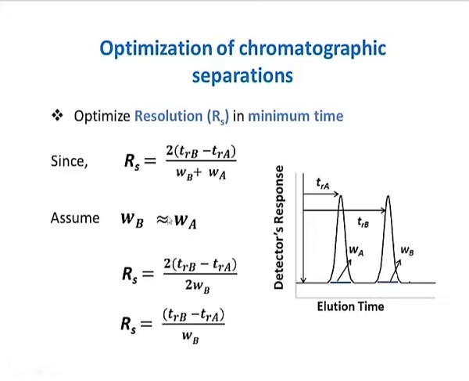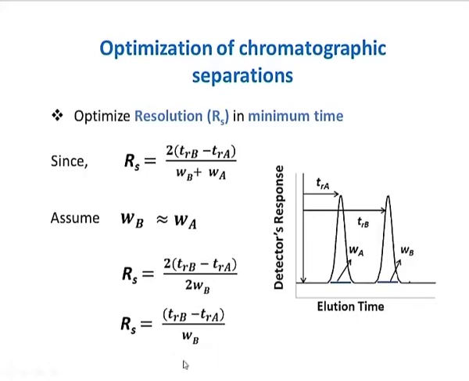Now, if you consider this, then Rs can be construed equal to 2 times (TRB minus TRA) upon 2 times WB. This 2 and 2 will cancel out, so you get a final equation which is Rs equals (TRB minus TRA) upon WB.